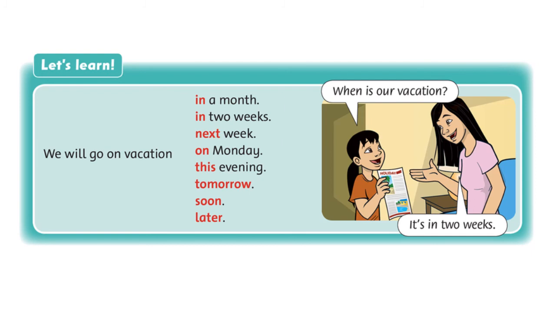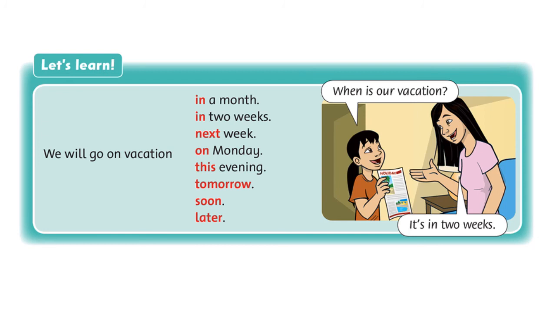We just know that we will go in the future, but no time, right? We don't know when. But when we say we will go on vacation tomorrow, for example, we know that we will go on vacation in the future, and the exact time is tomorrow, the next day.